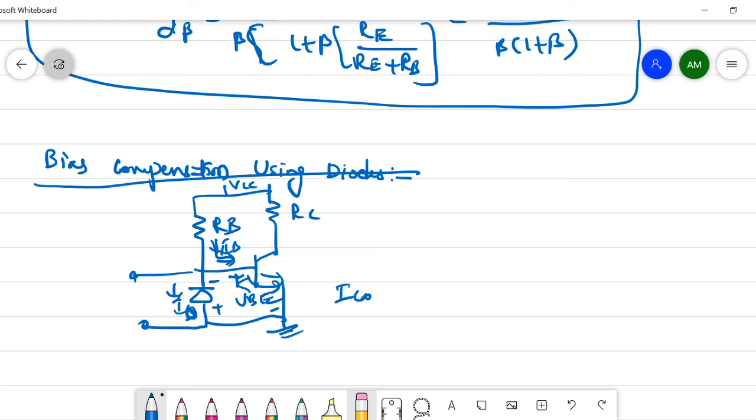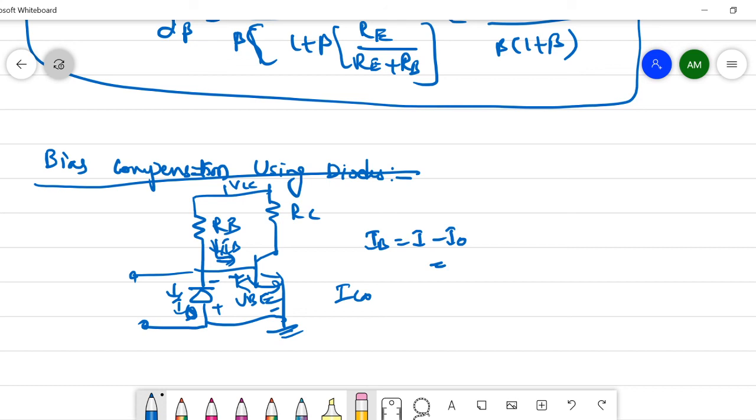So the diode reverse saturation current I0 flows through the diode. So the base current IB is equal to I minus I0. As long as the temperature is constant, the diode operates like a resistor.